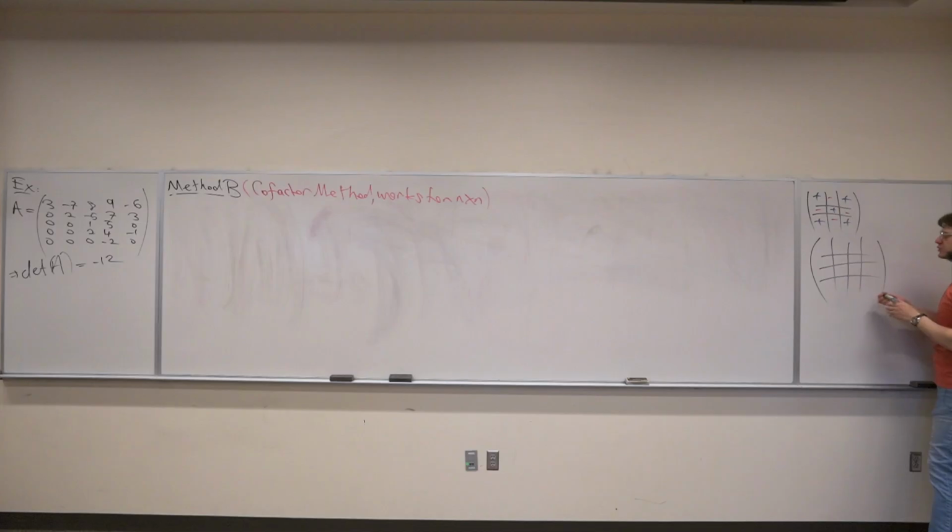If you have 4 by 4, again, top left, always plus, and then you alternate. Okay? I'll do one more. 5 by 5.